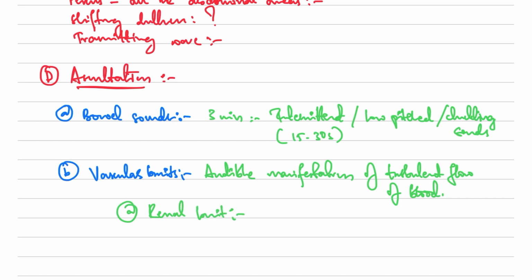Renal bruit is due to renal artery stenosis. Okay, then you can also hear it if the patient is having chronic abdominal pain.